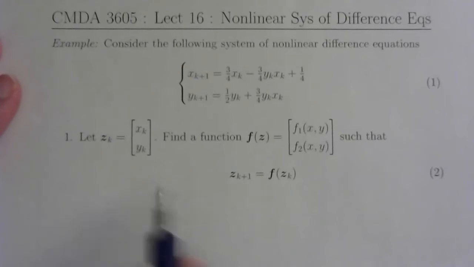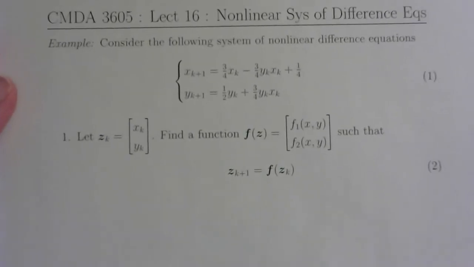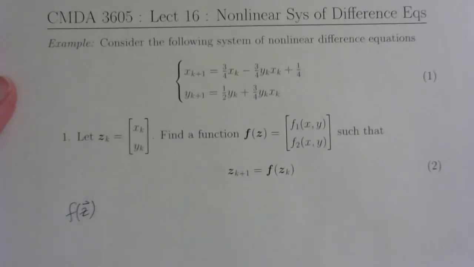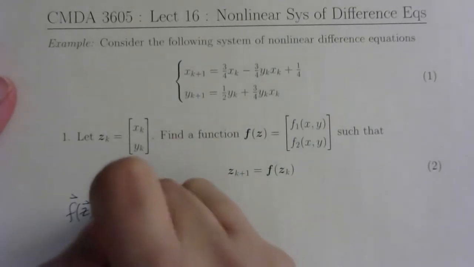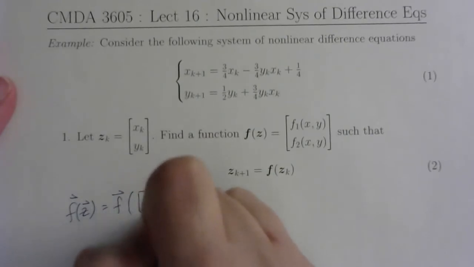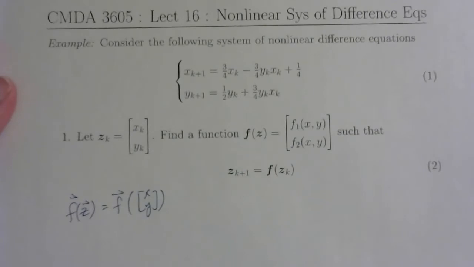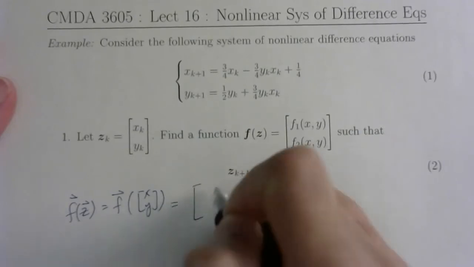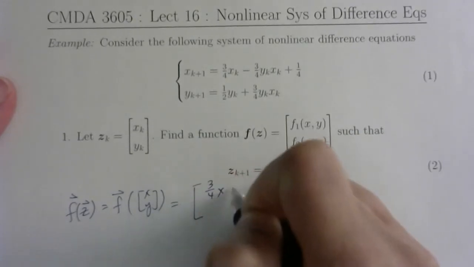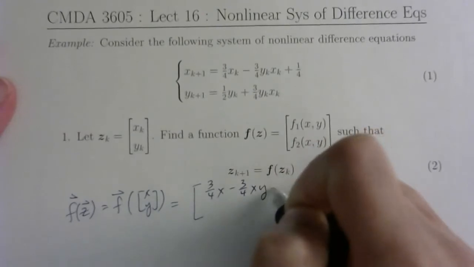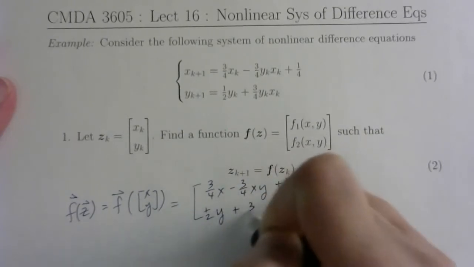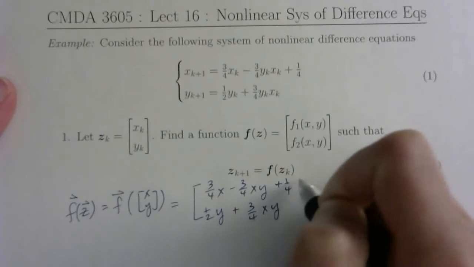All right. Okay, so what should f be? We know f should be a function of z, and I guess f is also a vector, so it's going to be f1 and f2, but to put a fine point on it, z is going to be x and y. And just copying the function from above, this should look like 3/4 x minus 3/4 xy plus 1/4, and 1/2 y plus 3/4 xy.